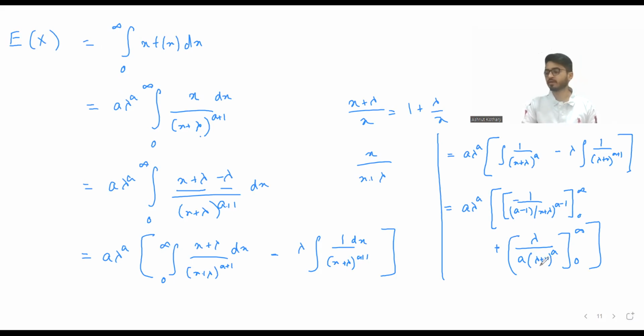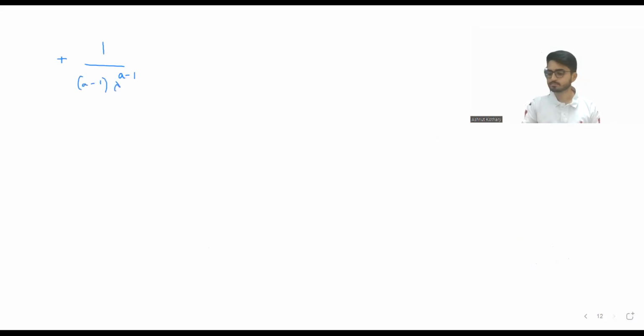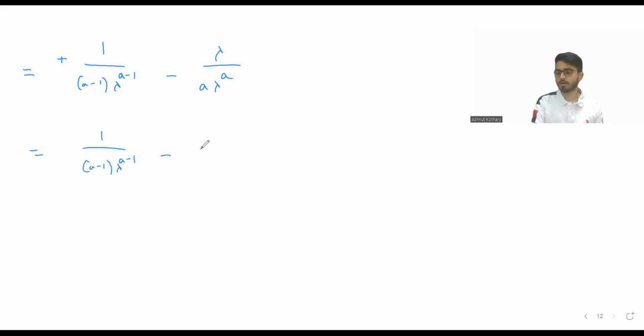So infinite to the power positive number is infinite. 1 by infinite, or any constant by infinite, is 0. And when I put a 0, I will be getting minus lambda by alpha lambda to the power alpha. So this, if you simplify, you will get 1 by alpha minus 1 lambda to the power alpha minus 1 minus 1 by alpha lambda to the power alpha minus 1. If I take 1 by lambda to the power alpha minus 1 common, I'll be getting this to be.